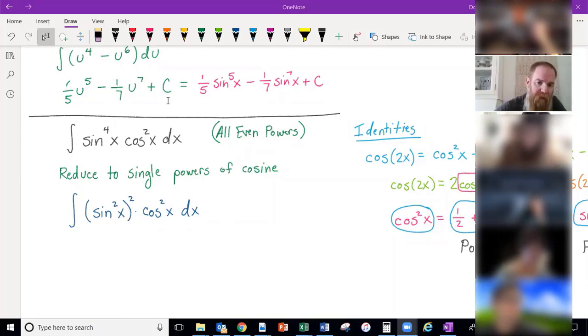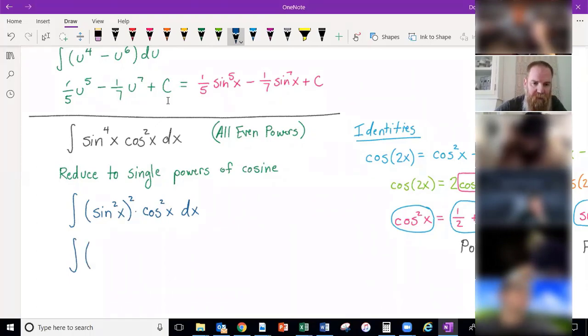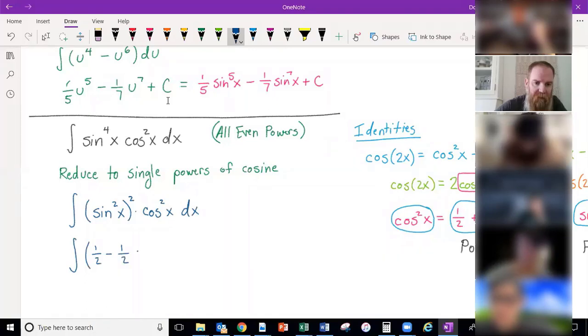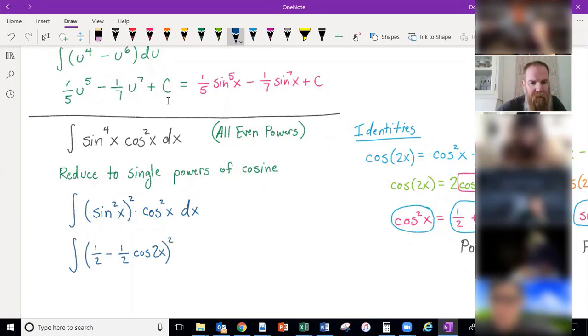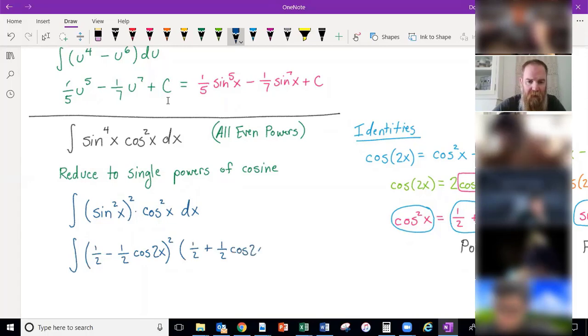So this is where we're going to rewrite this using the power reducing formula, which is 1/2 minus 1/2 cosine 2x, squared, times an extra cosine squared x, which by the power reducing formula is 1/2 plus 1/2 cosine 2x. I like to remember that cosine is just the plus, and sine is the same thing but minus.